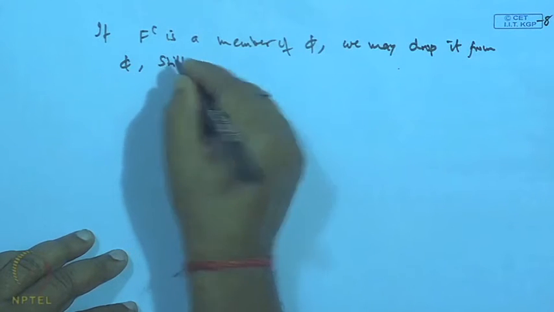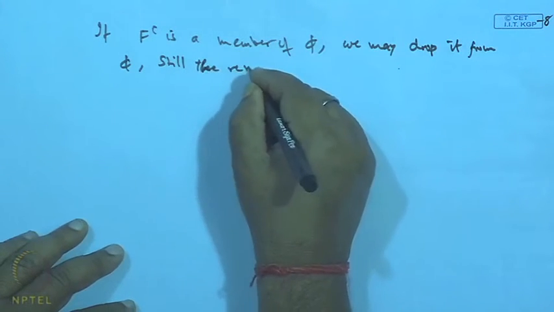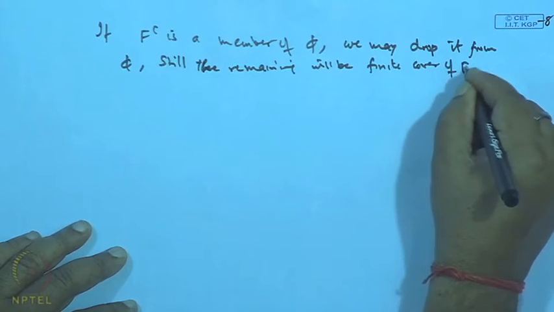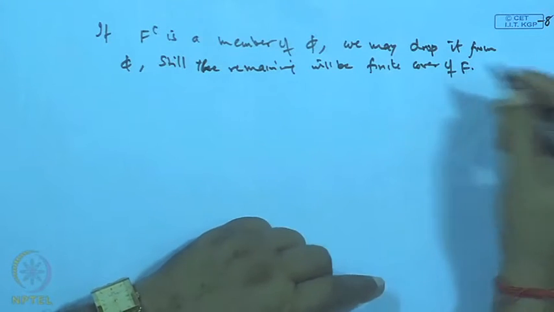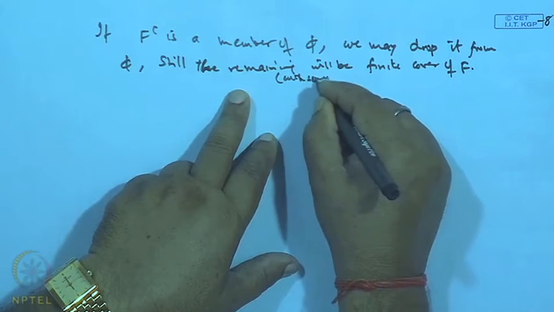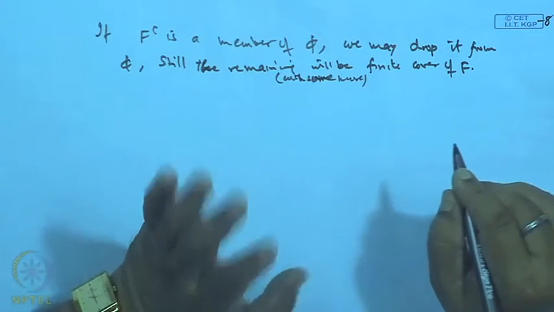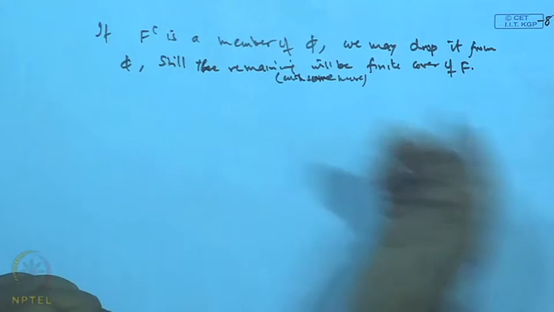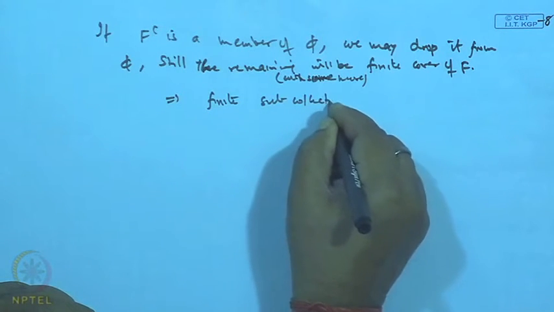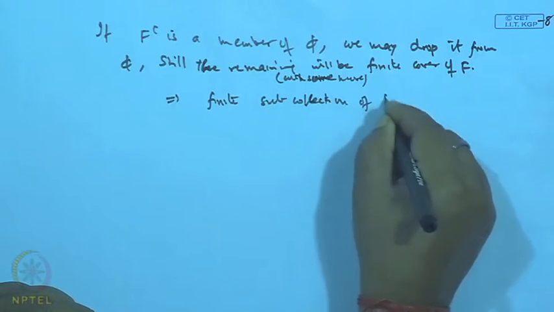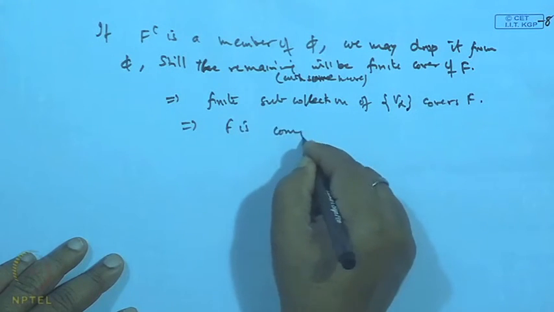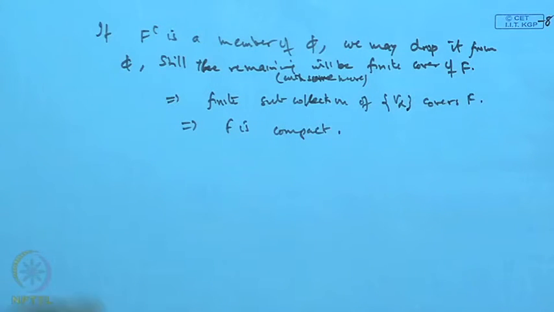Still the remaining will be a finite cover of F, still retaining an open cover of F, finite cover of F. But this implies that a finite subcollection of this open cover V alpha covers F. So, this shows F is compact. So, that is very interesting.